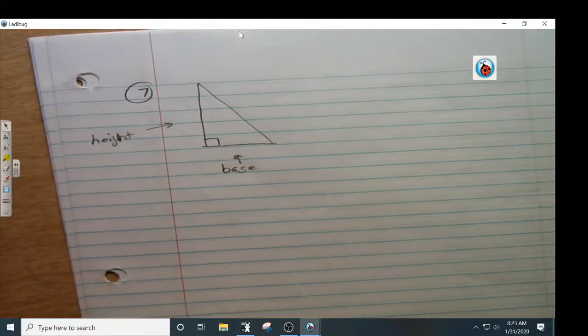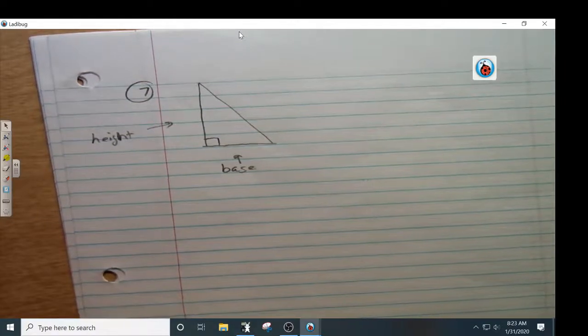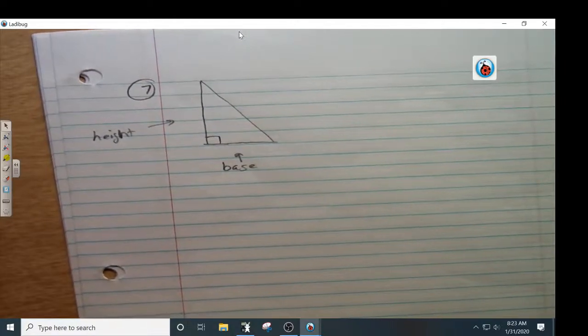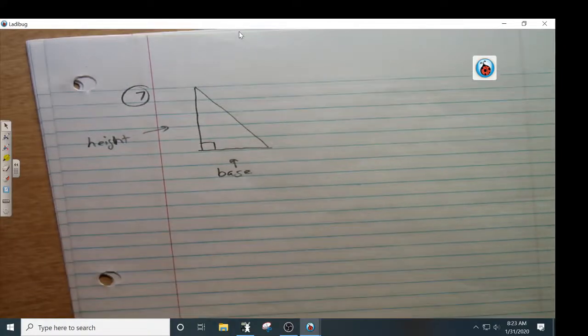Okay, now it says the base of a triangle is 5 feet longer than the height. Okay, so which one's longer, the height or the base? The base is longer, right? Always let your variable be the shortest side.